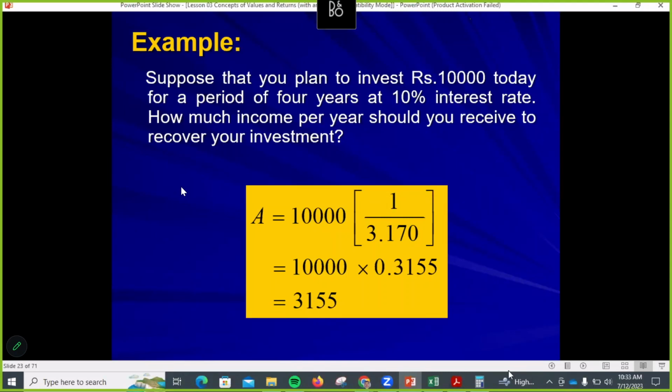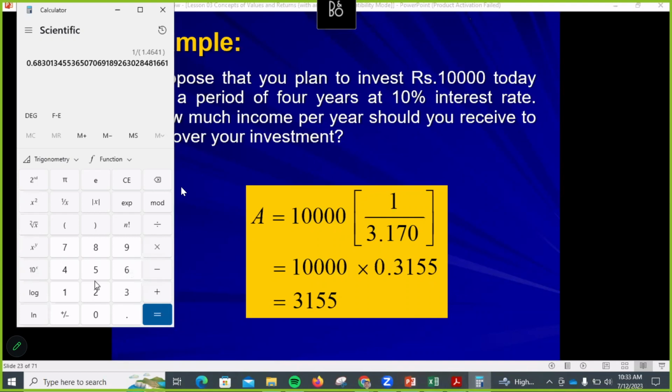So if you multiply 3,155 into 4 years, you get 12,620 rupees. But you have only 10,000. So what is the balance? It is 2,620.